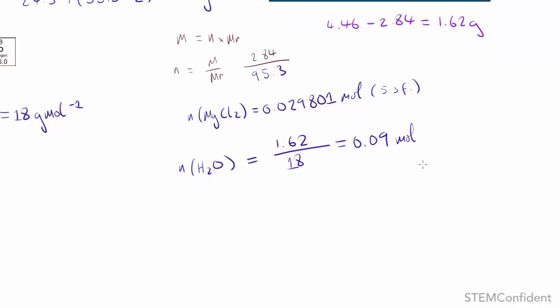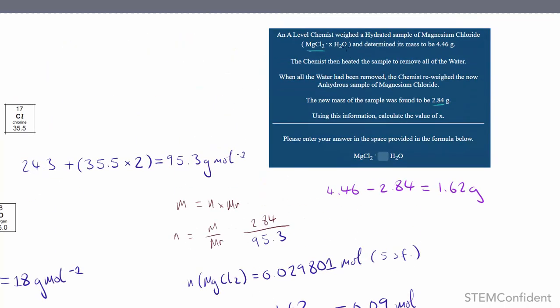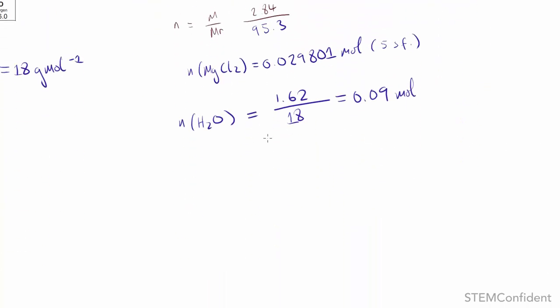Okay, so we actually now have two values. I'm going to keep the MgCl₂ on the left hand side just because of how it's formatted here, so it makes it a bit more straightforward to follow.